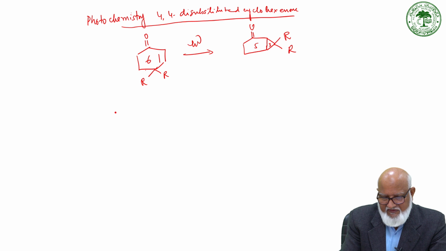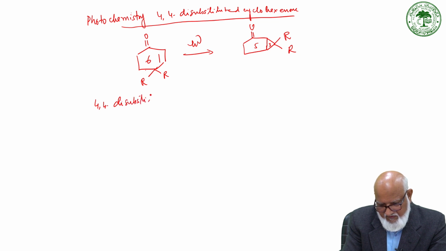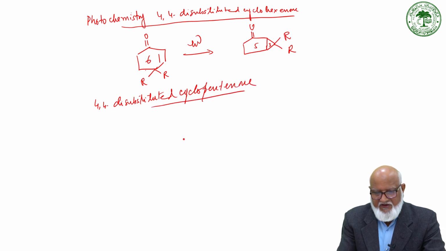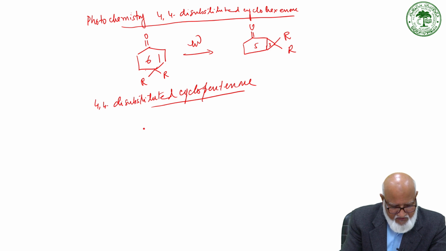Now what happens in the case of 4,4-disubstituted cyclopentenone? So if we have, instead of a 6-membered ring, a 5-membered ring, what happens?